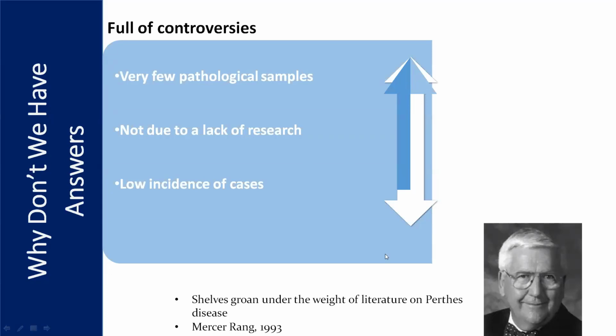So there's tons of literature out there. However, it's usually done in single center studies, and there's a low incidence of cases, so they collect very few cases. So for each study that says something, there's usually another study that says the opposite. This is why there are still lots of controversies.